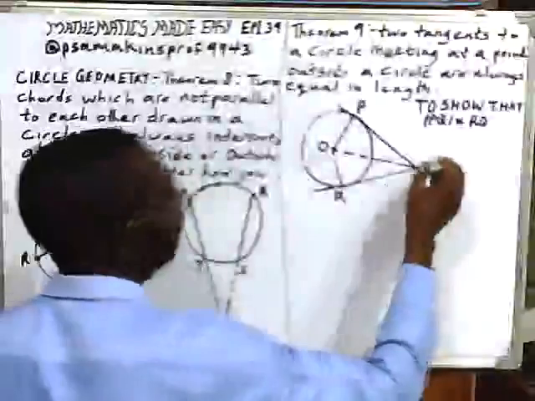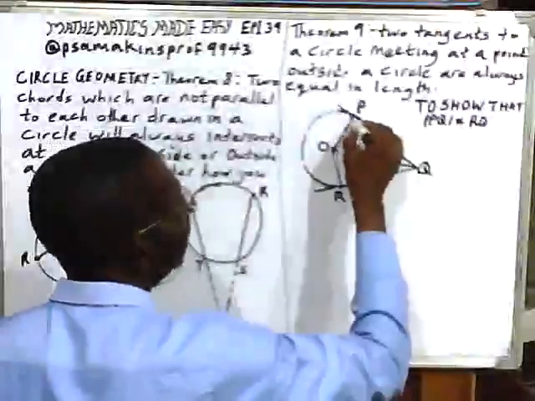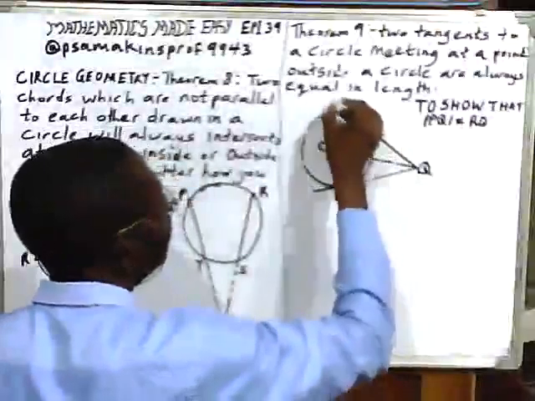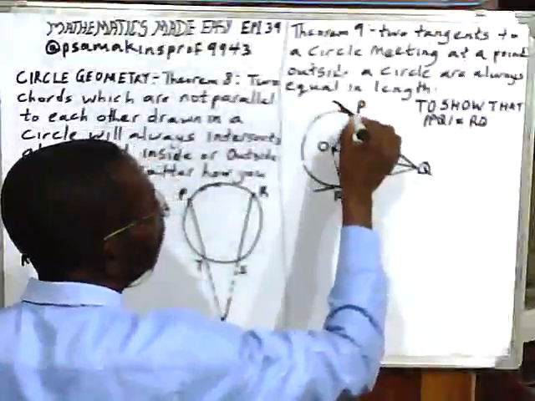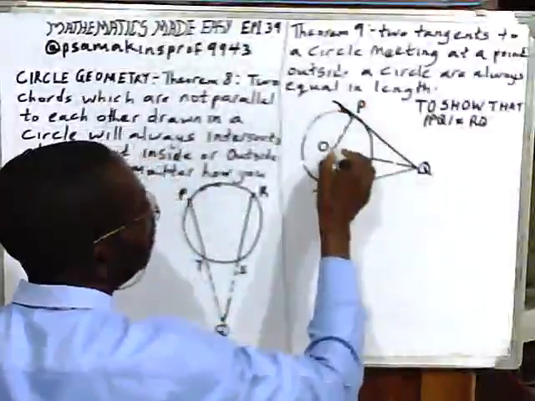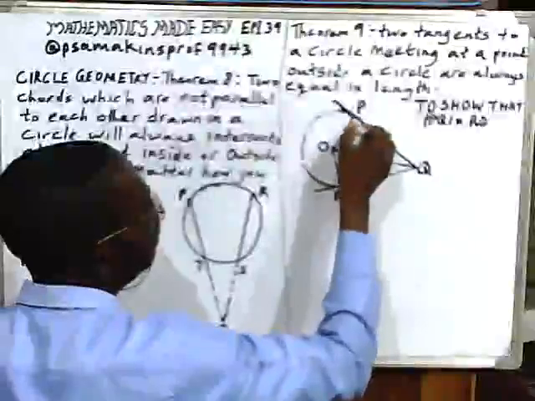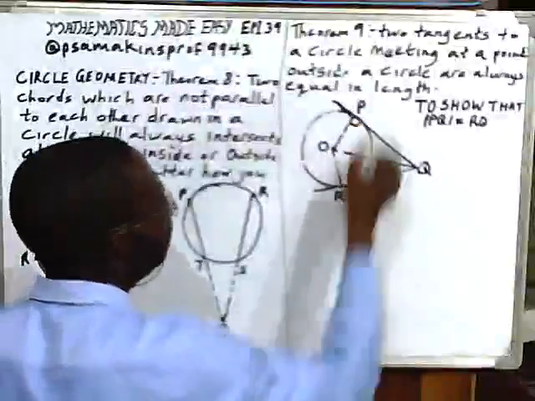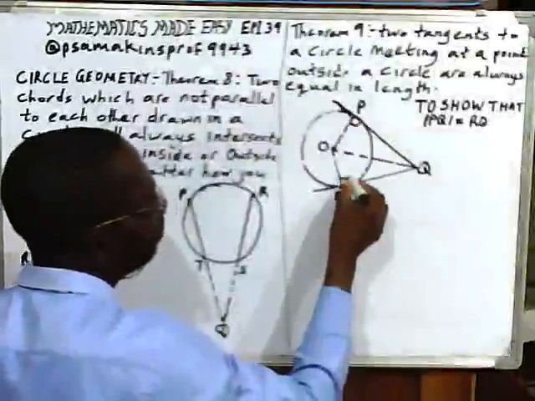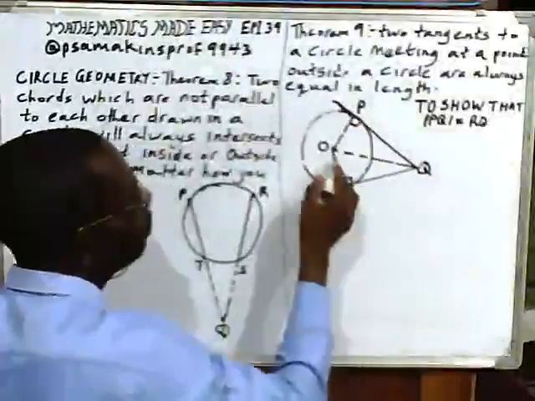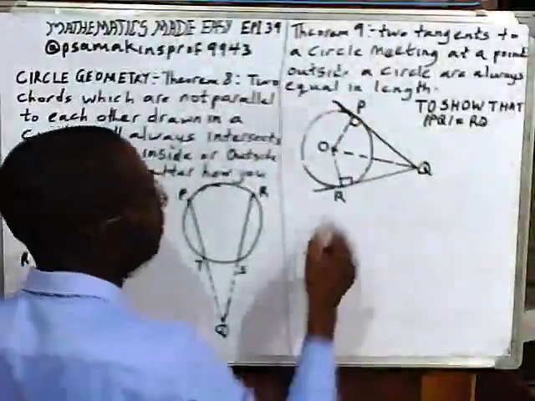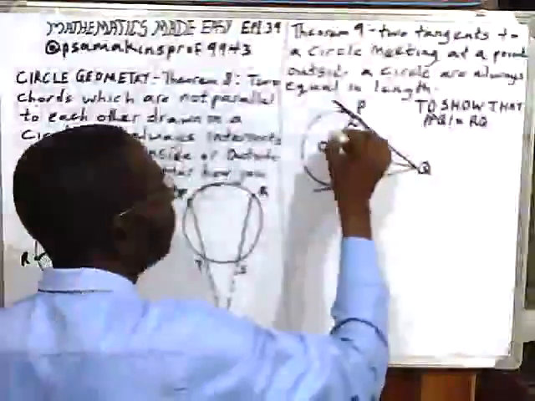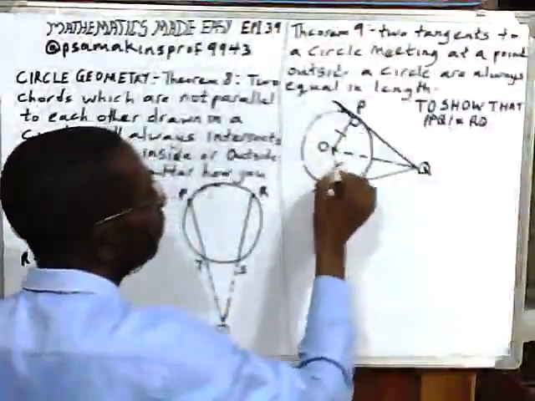From our previous theory, if we draw a line from the center of the circle joining a tangent, it must be at 90 degrees. Likewise, this one will be at 90 degrees, showing that this long side OQ is the hypotenuse. So radius will always be equal to radius.